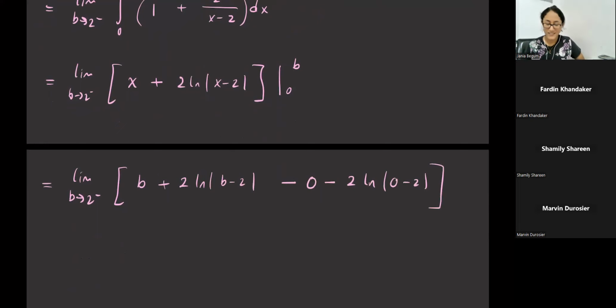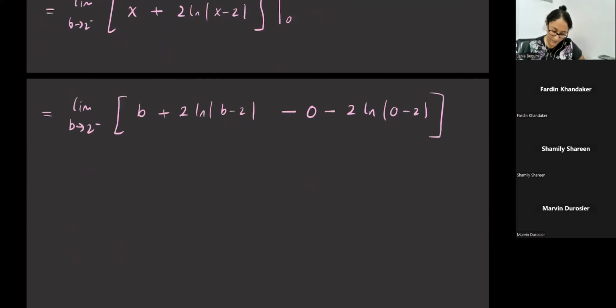All right, now we're ready to take the limit, but let's simplify a little bit more. So this is equal to the limit as b approaches 2 from the left of b plus 2 ln of b minus 2. And then this is just 2 ln of 2, so minus 2 ln of 2.